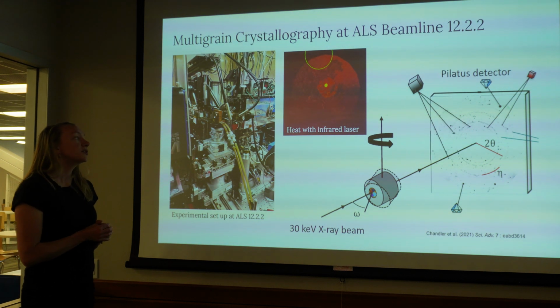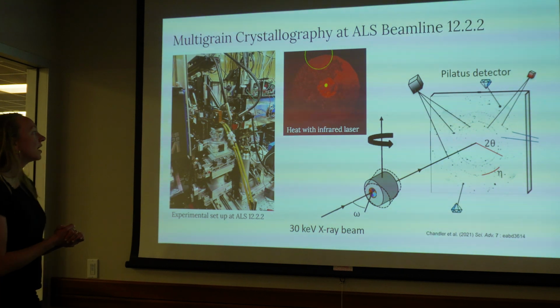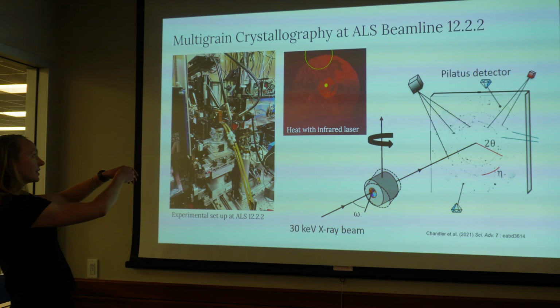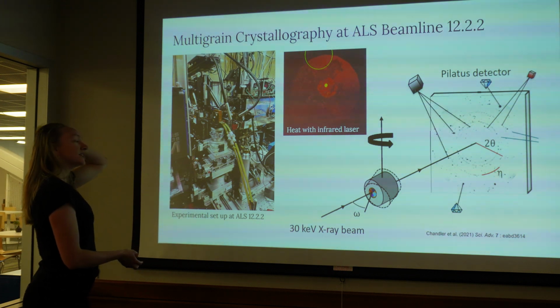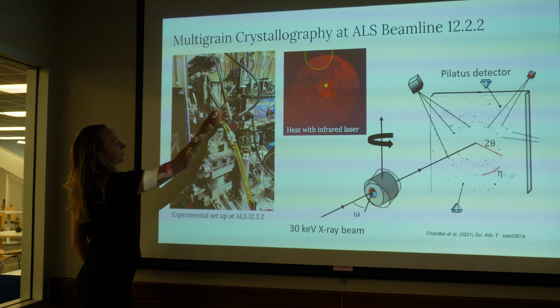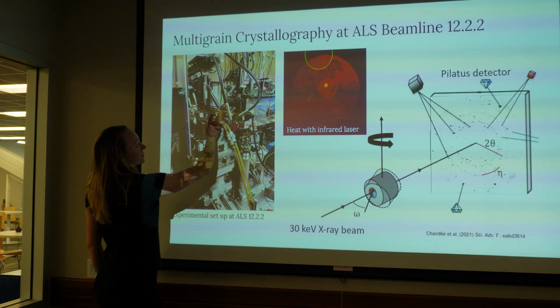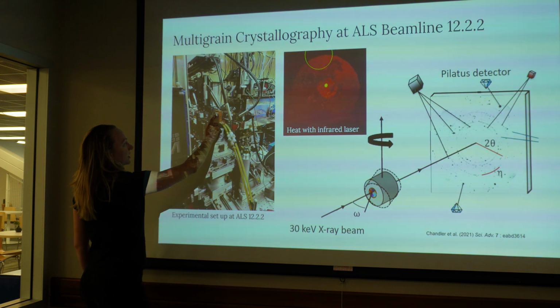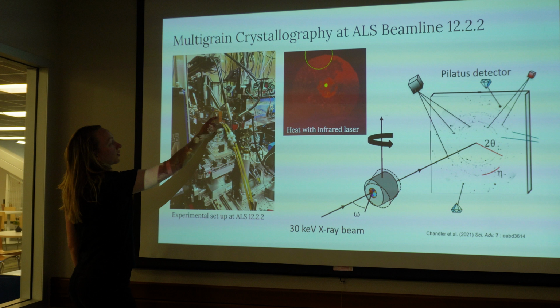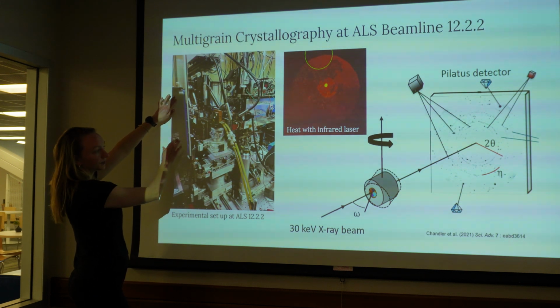And for this research, I used beamline 12.2.2, which is the non-ambient beamline. My experimental setup looks something like this, which looks like a jumble of wires and tubes. But essentially what we do here is we load that diamond anvil cell into the X-ray beam path, which goes along a trajectory something like this. Once that X-ray beam hits the diamond anvil cell, it creates a diffraction pattern that's collected on this detector here.